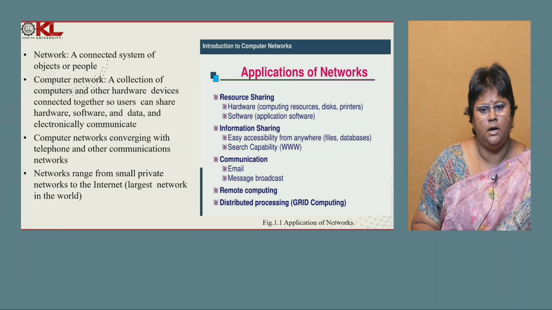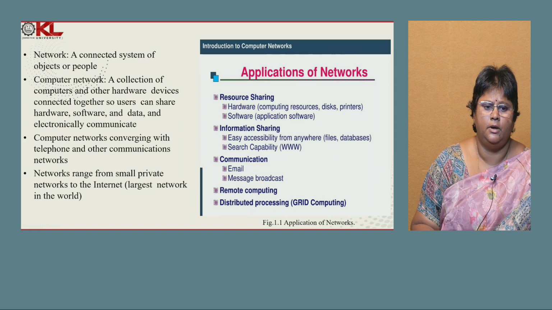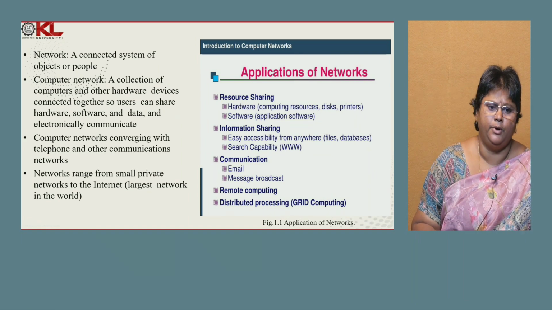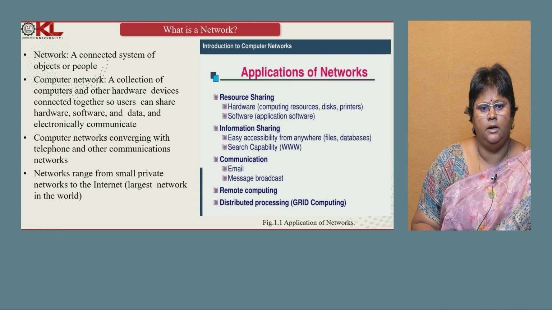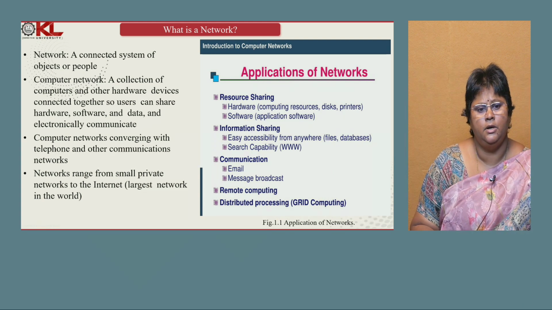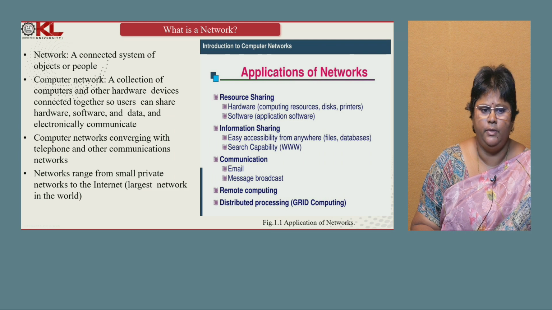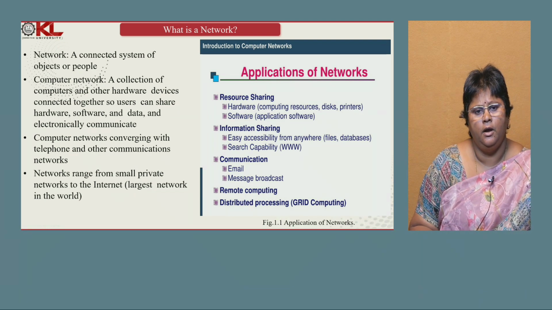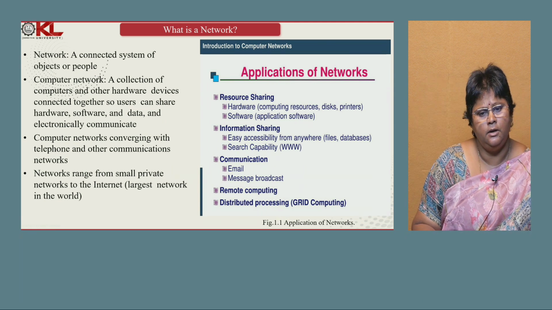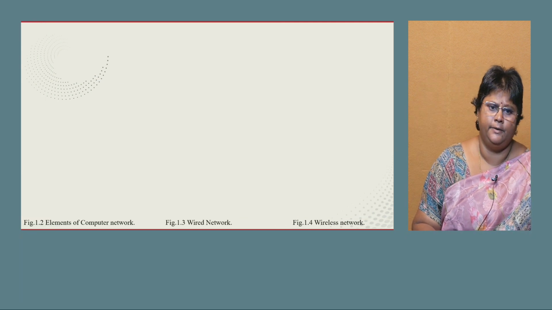When this work is done with the help of devices like computers, desktops and network devices, it is called a computer network. Basically a network is a connected system of objects which can electronically communicate between themselves. These networks range from small and private to larger ones such as the internet.